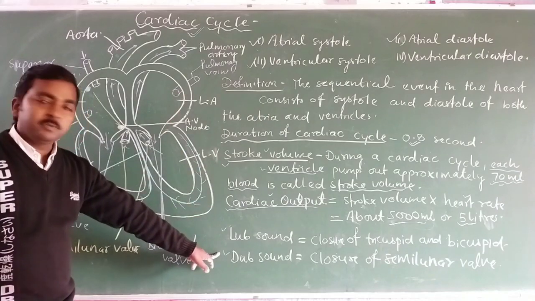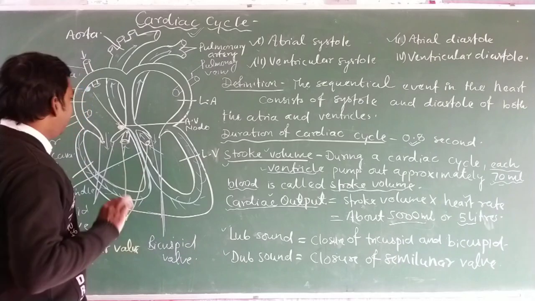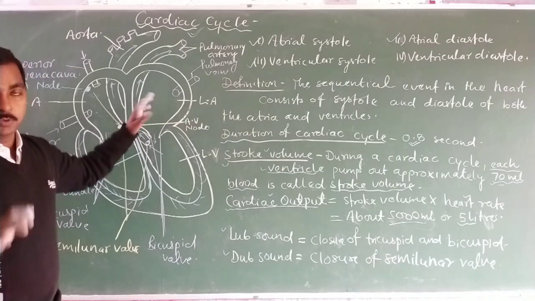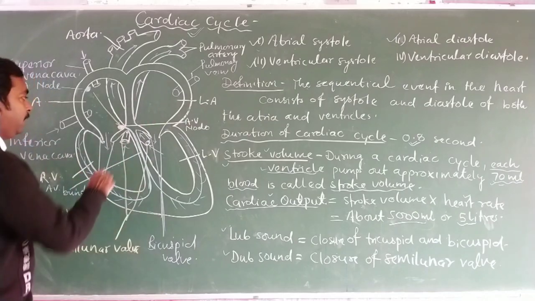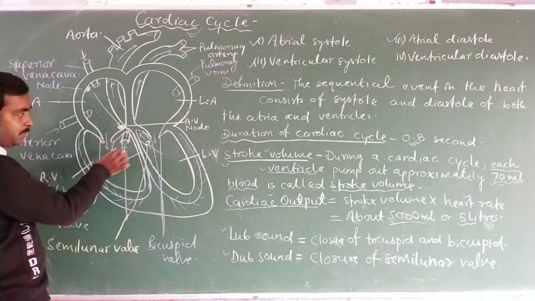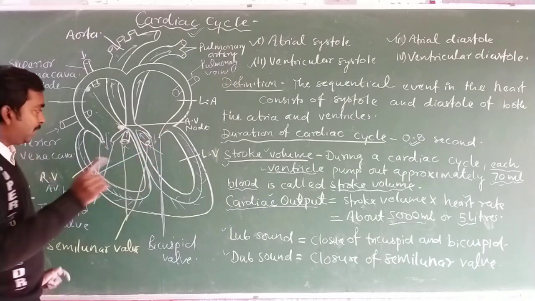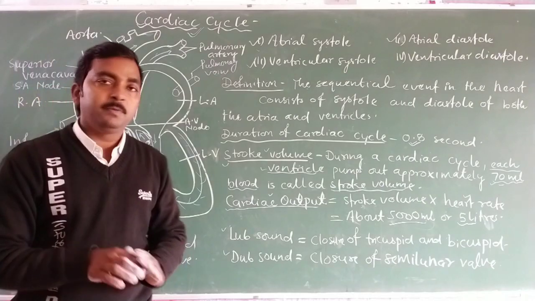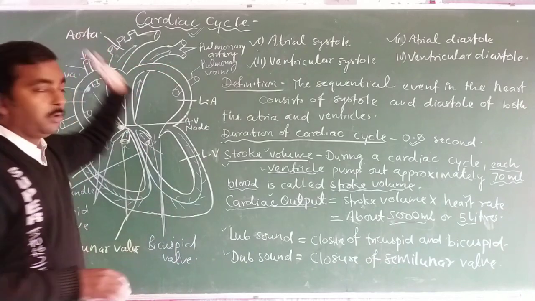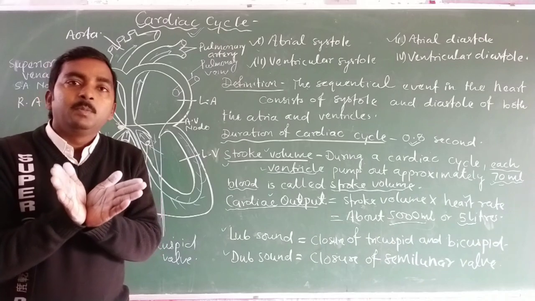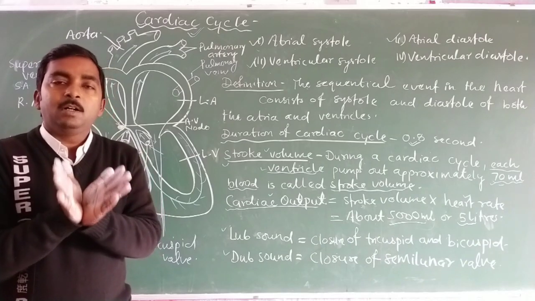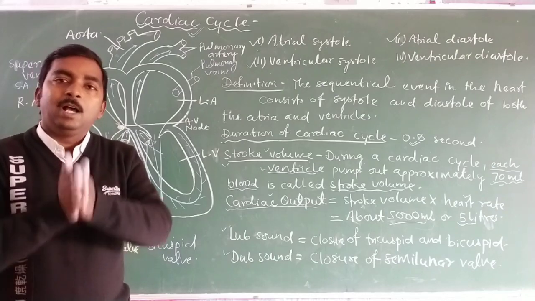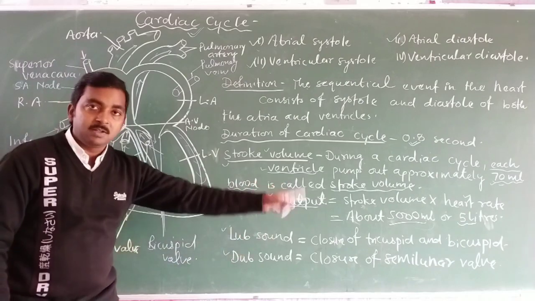Now the second type of sound is known as the dub sound. The dub sound is created when the atrial contraction takes place. During atrial contraction, the tricuspid and bicuspid valves remain open, but the semilunar valves, which are present at the openings of the pulmonary artery and aorta, become closed, and that closure of the semilunar valves also creates a sound, which is known as the dub sound.